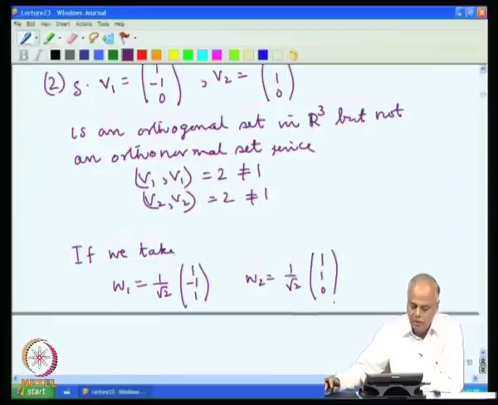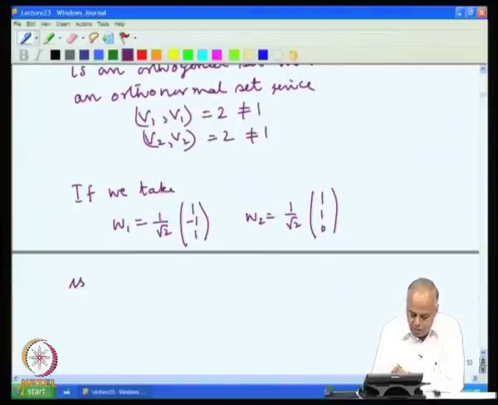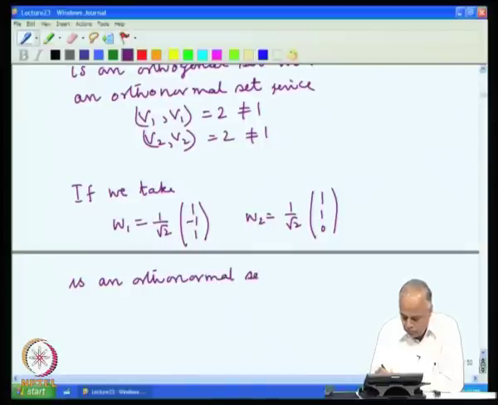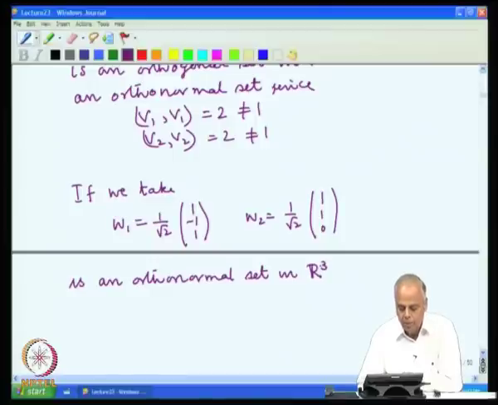Now, this set is an orthonormal set in R^3, because w_1 and w_2 are orthogonal to each other and each one of them has length 1. Let us take R^4.